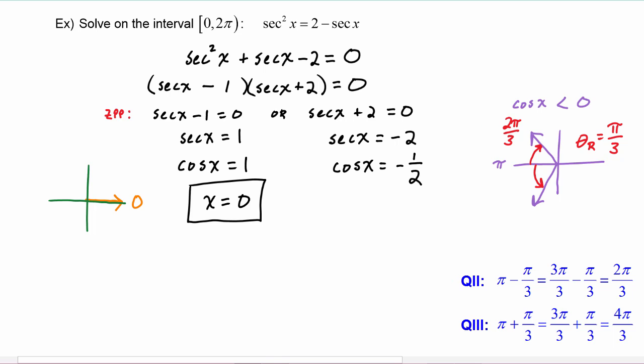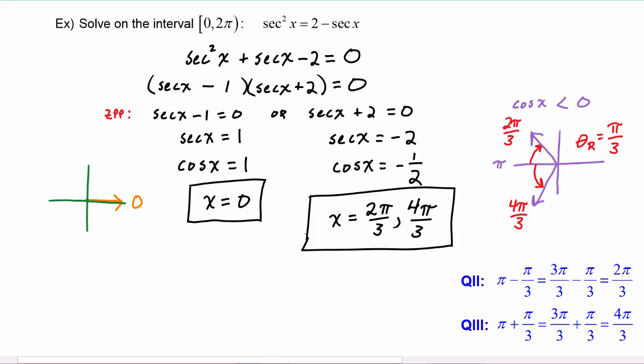So pi plus pi over 3 is 4 pi over 3. And from this piece of the equation, we are going to get that x is equal to 2 pi over 3 or 4 pi over 3. So this equation has 3 solutions: 0, 2 pi over 3, and 4 pi over 3.